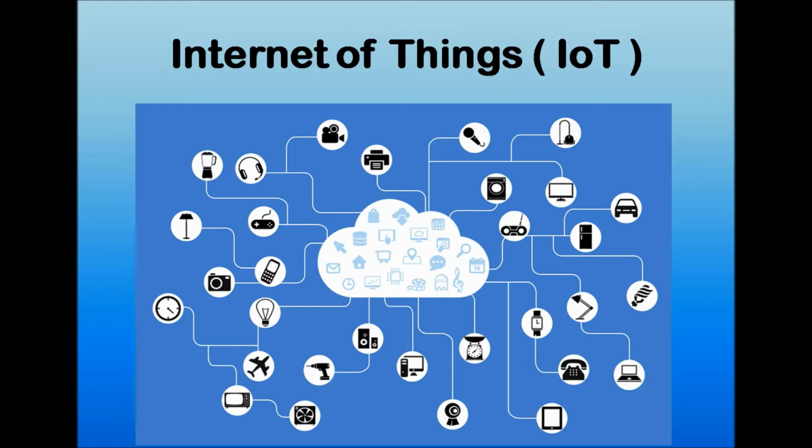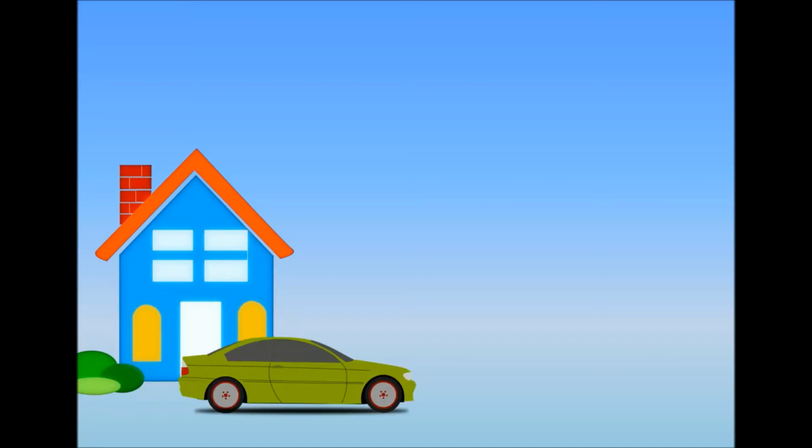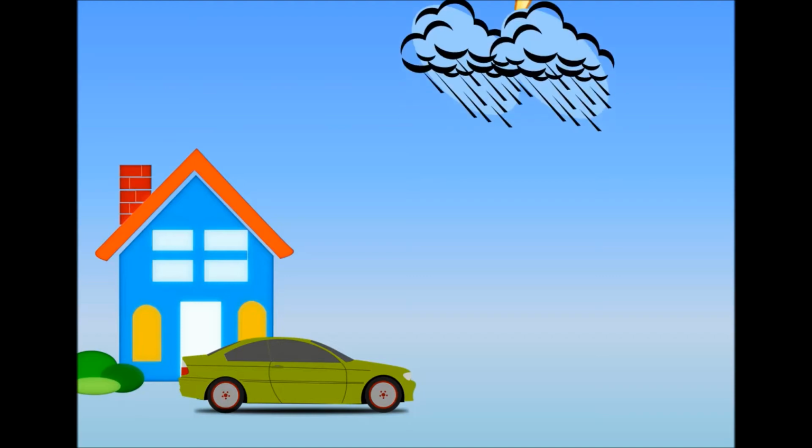Okay, now suppose, let us take an example. Suppose you are in your home and you want to know how the weather is outside, and you have your car parked just in front of your house. Now suppose suddenly the weather gets rainy outside. Okay, the weather gets bad.